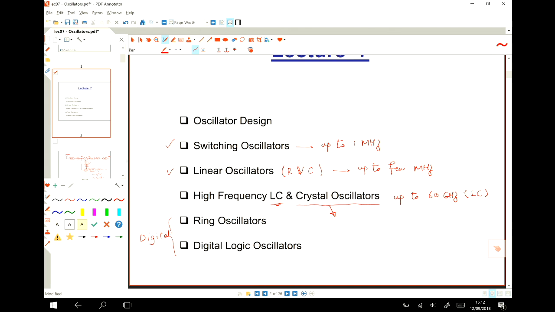I mean, the advantage of using a crystal is that it has a very high resolution accuracy. For example, you can say that, okay, I want a crystal working at 32.768 kilohertz. So you can make it exactly at this, because they are using piezoelectric and quartz, so they could be quite accurate, but they are not that high frequency.